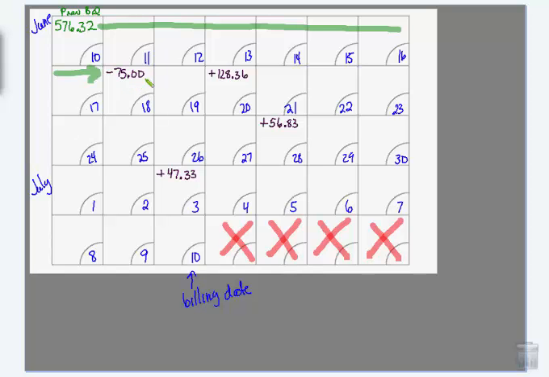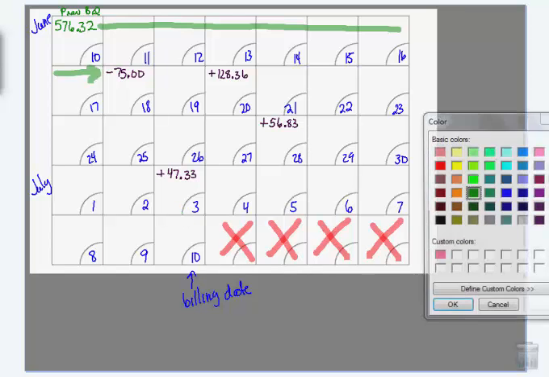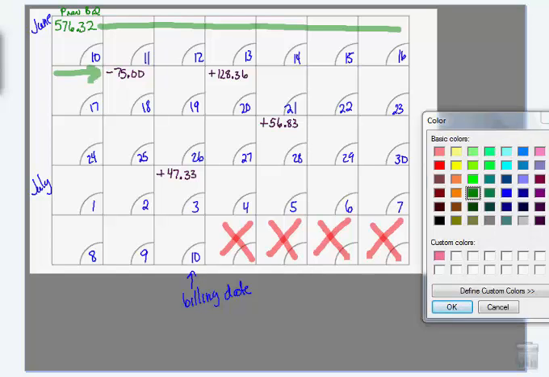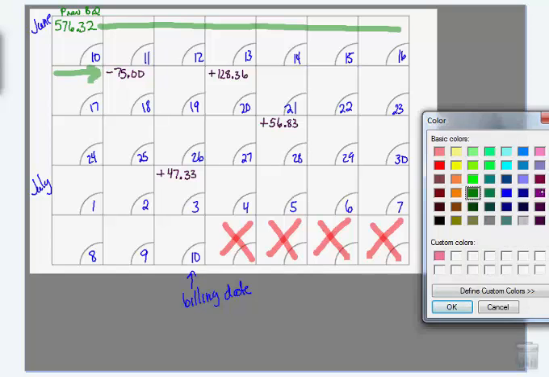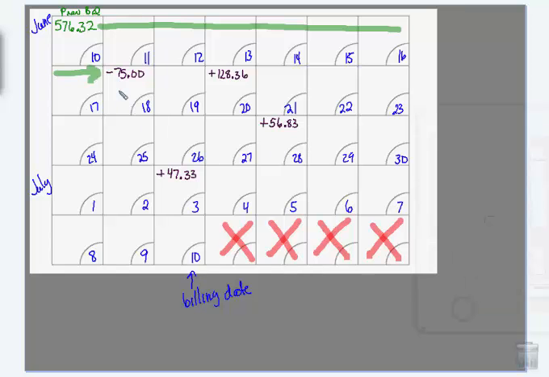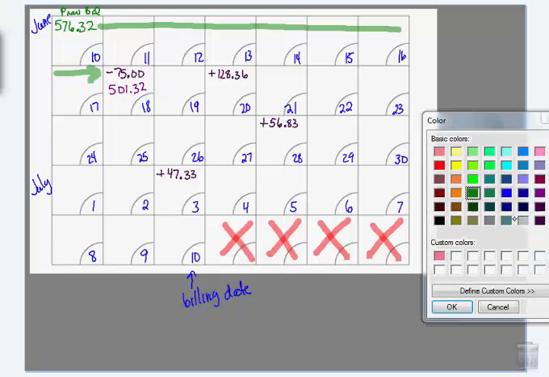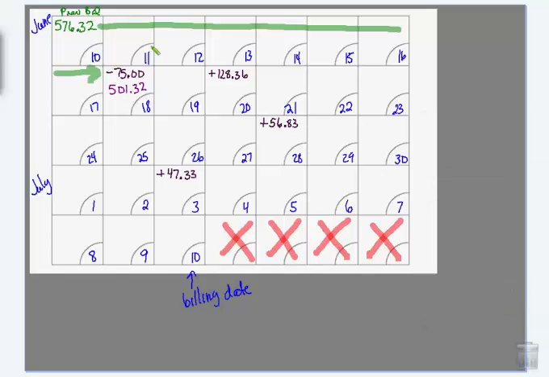On the 18th, it goes down by $75. Okay, so that then becomes, hold on, 501.32.